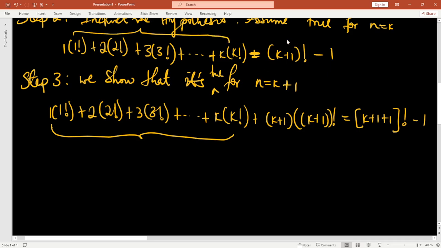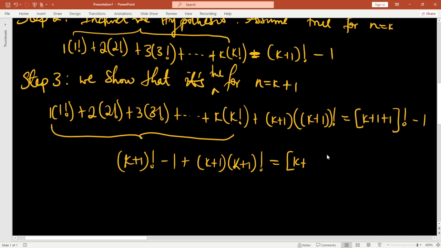So we can just write the right hand side of the inductive hypothesis here, so we have k plus 1 factorial minus 1 plus this term here, which is k plus 1 and also k plus 1 factorial, equal to k plus 2 (1 plus 1 gives a 2) factorial minus 1 like this here.